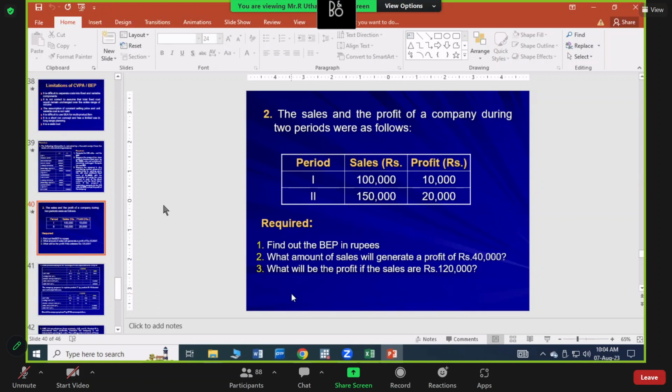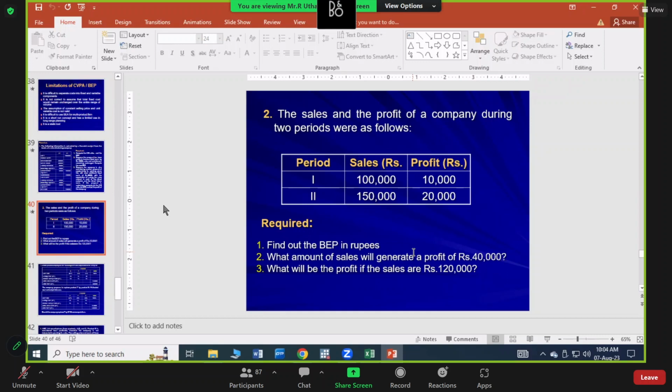Then you want to take the fixed cost and the variable cost to find out the break-even point. So you want to make the effort to find out the fixed cost, variable cost, total cost, etc. from this information.